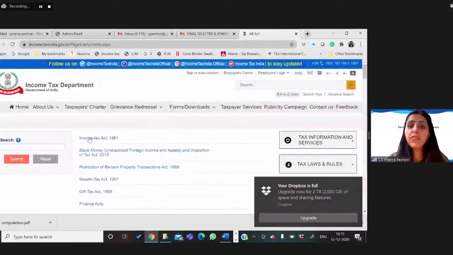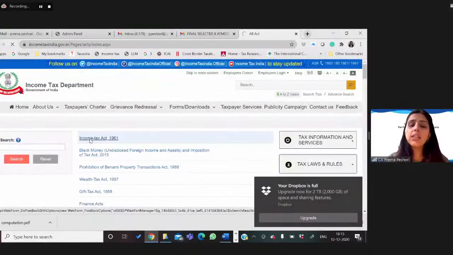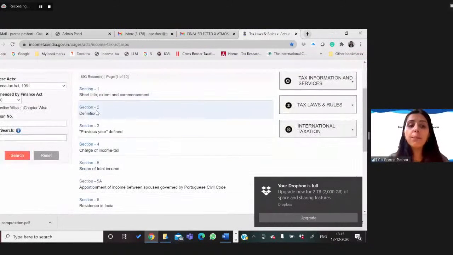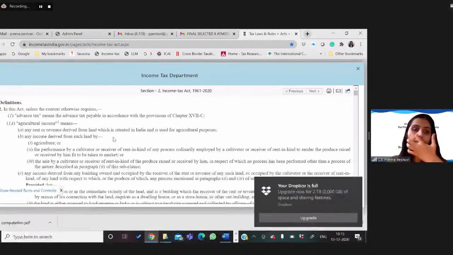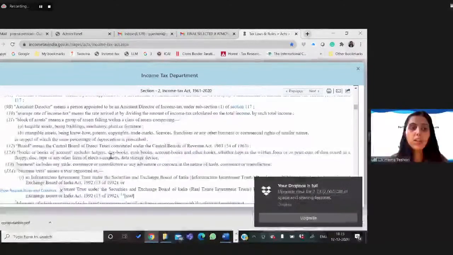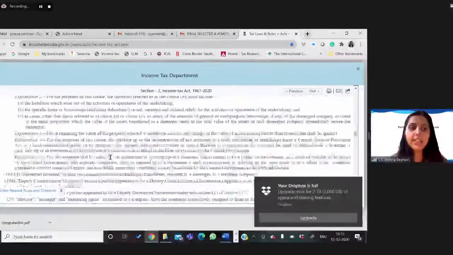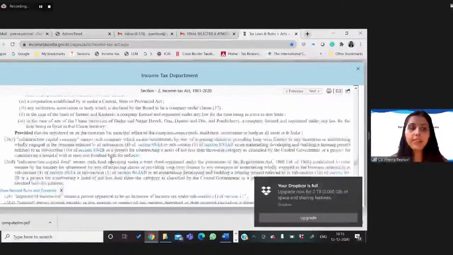Let's look at the definition of transfer to understand why the taxability will happen in the year in which the completion certificate is received. So what does 2(47) tell us? Let's look at it.